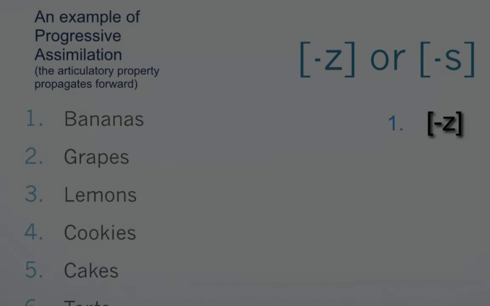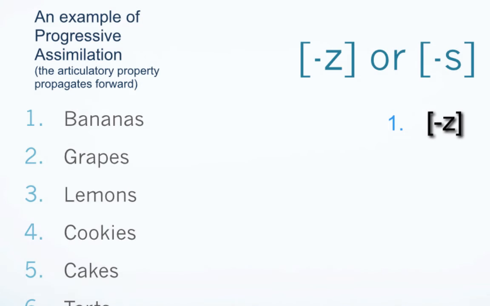Why is this? This is because the voicing of the vowel a propagates forward into the final s, passing along the characteristics of voicing from the a, which is voiced, all vowels are voiced, to the s, that normally is not voiced, but in this case it is, because of the environment in which it is.